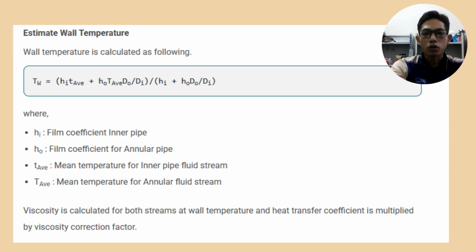Estimate wall temperature. Wall temperature is calculated as follows, where hi is the film coefficient in the inner pipe, ho is the film coefficient for the annular pipe, T average is the mean temperature for inner pipe fluid streams, and T average is the mean temperature for annular fluid streams. Viscosity is calculated for both streams at wall temperature and the heat transfer coefficient is multiplied by the viscosity correction factor.